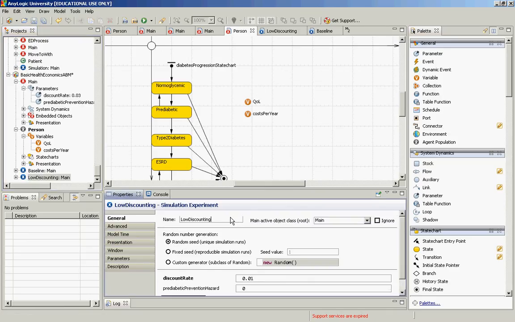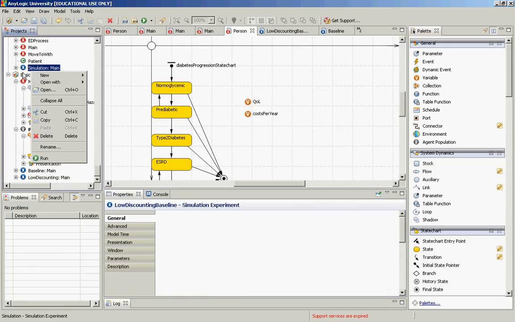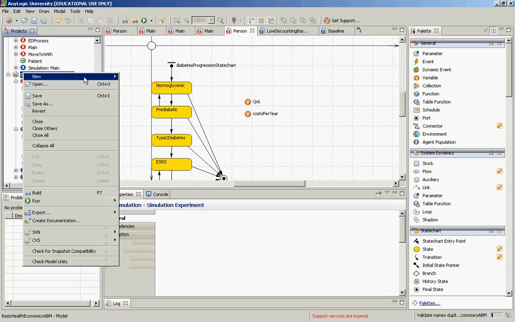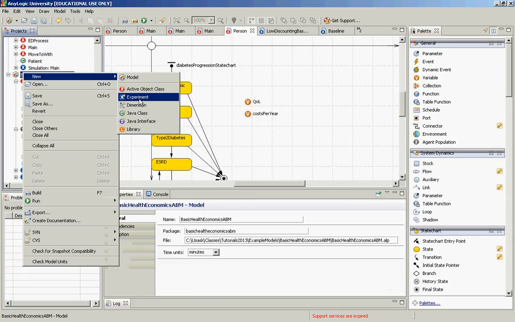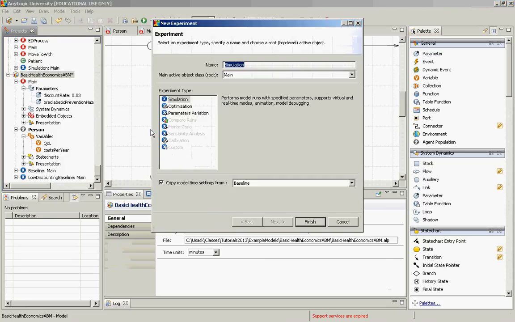But then I'm going to introduce a scenario here that's an intervention scenario. So it's an experiment I'm introducing. And I'm going to say aggressive prediabetes prevention.